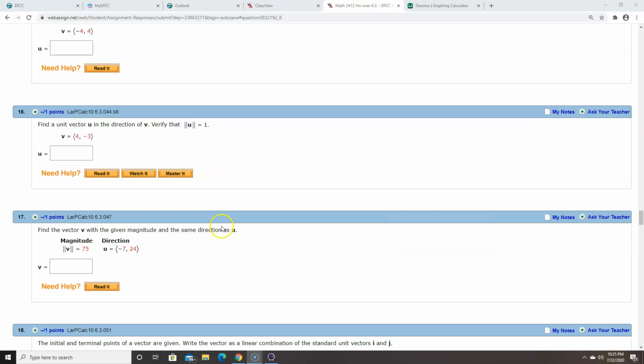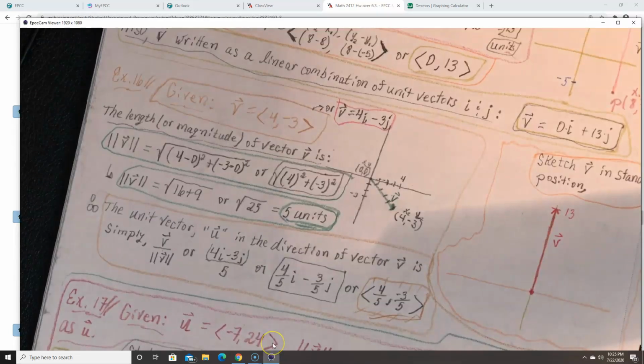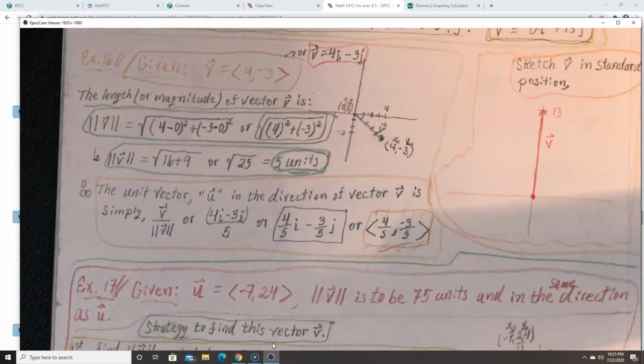Okay, so let's do that. So, number 16, given vector v in component form 4, -3, or as a reminder, we could have written it as a linear combination of horizontal unit vectors i and vertical unit vectors j.